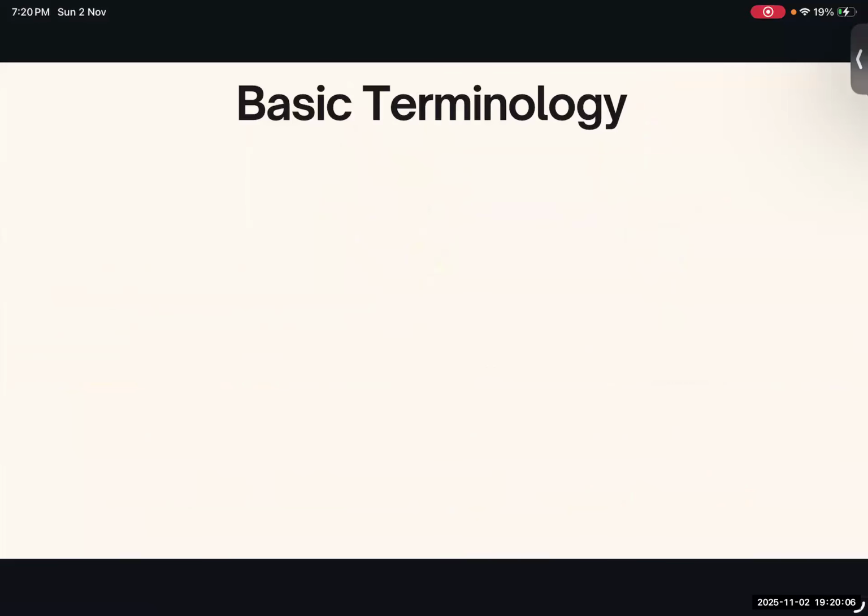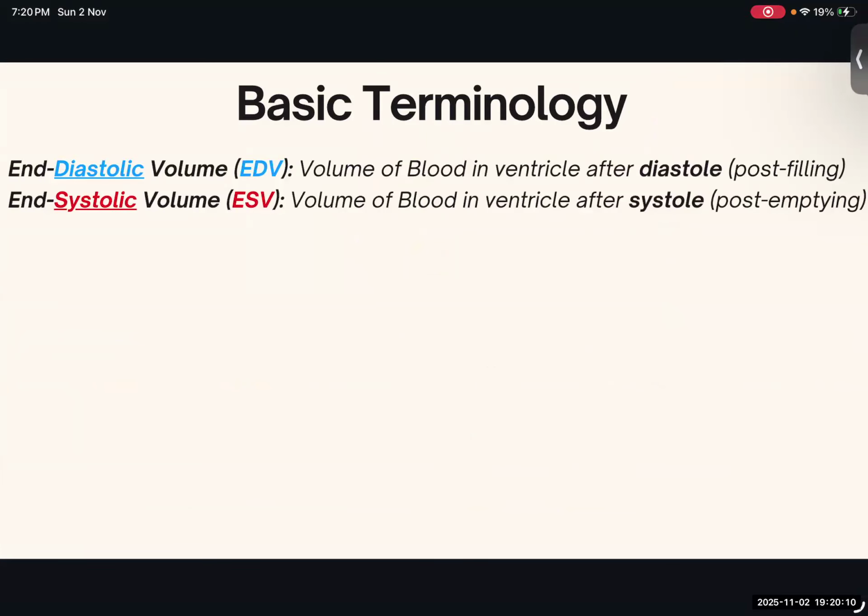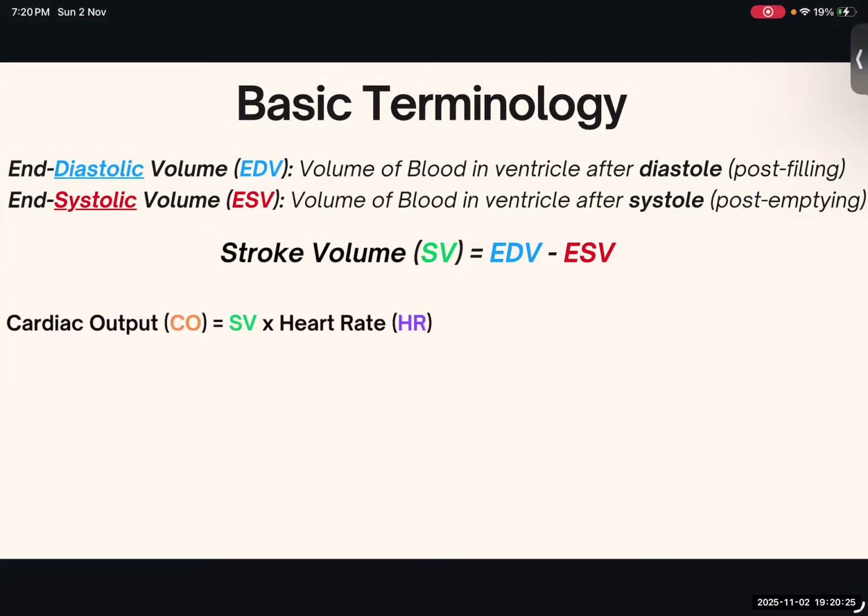Now let's go through some basic terminology and set some ground rules. So again, end diastolic volume is the volume in the ventricle after diastole, and end systolic volume is the volume of blood in the ventricle after systole. Stroke volume is EDV minus ESV. That is how much blood we moved in one pump of the heart. And we use that measurement to determine what we call cardiac output.